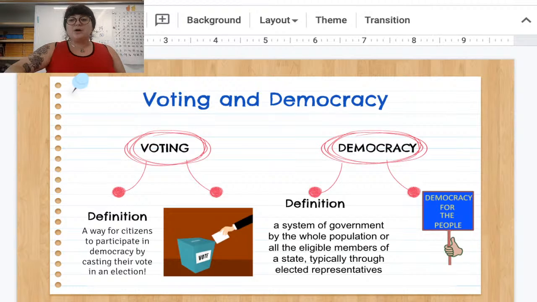Well, we currently don't have laws in place that say you have to vote. Actually, this is going to be something quite interesting as we do more research further on.